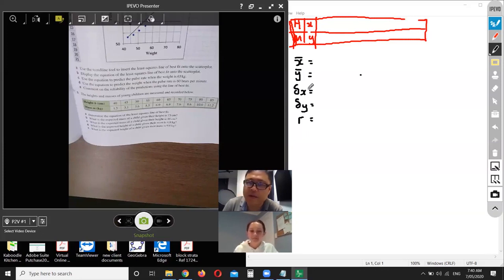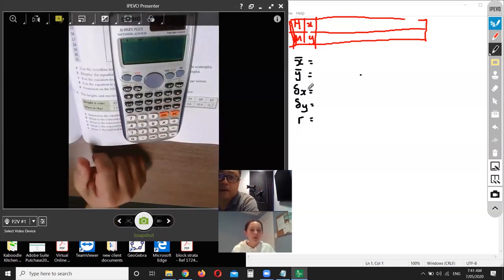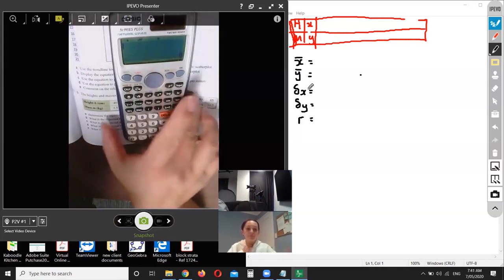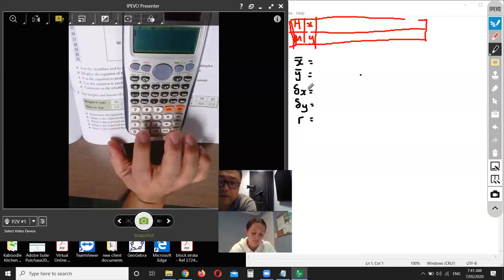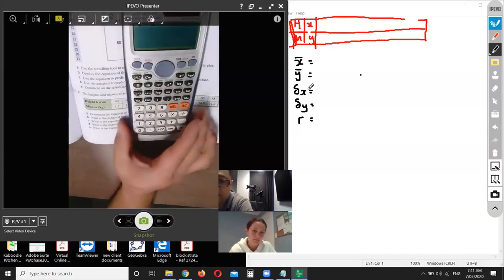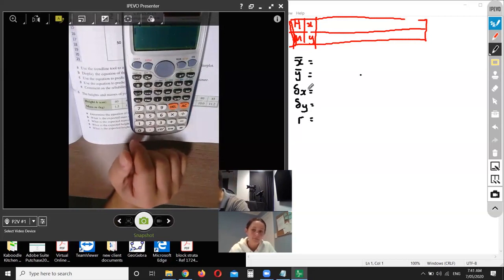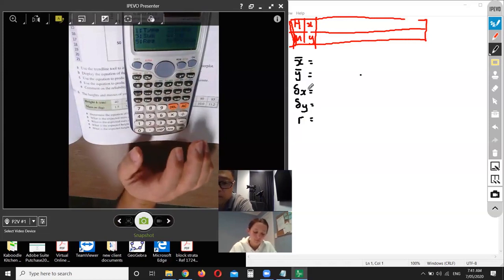So the way we work out each of those on your calculator, see above the number 1 on your calculator, you've got stat, right? Stat for statistics. So if you go shift 1, that will give you all the statistical measures you need.